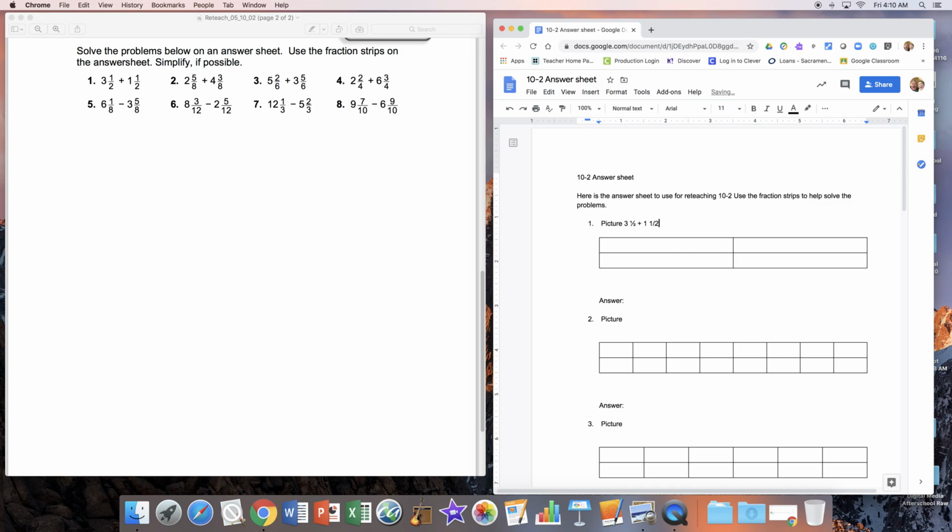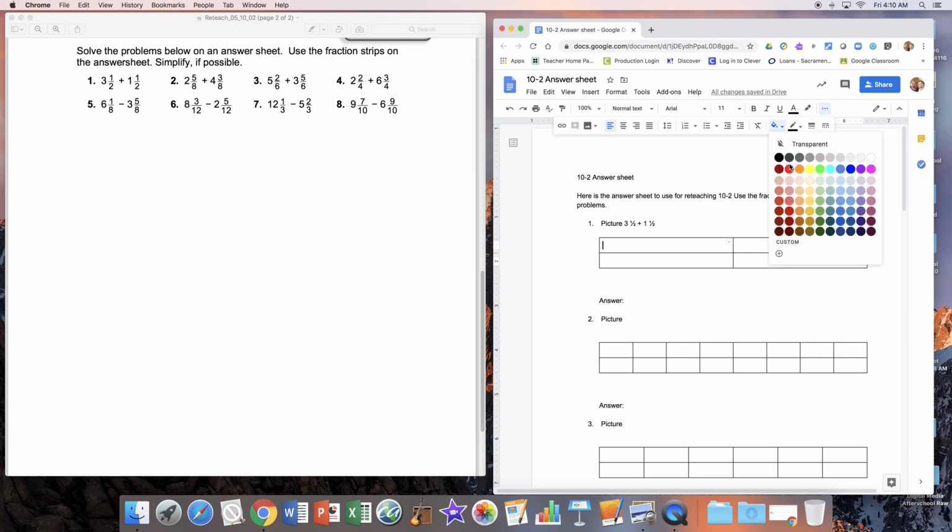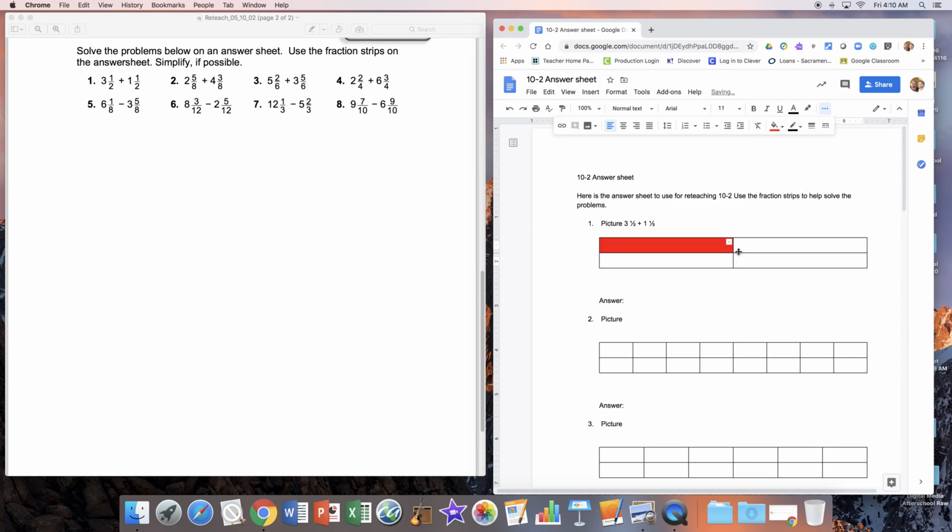Plus 1.5. So, how many halves are there in 3.5? Well, this is a half. So we have 1/2, right? So what we're going to do is we're going to fill in this box. So 3 and 1/2 is 1/2.